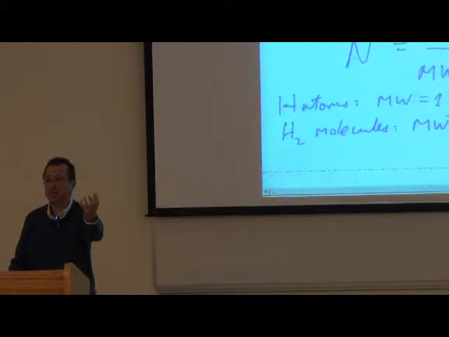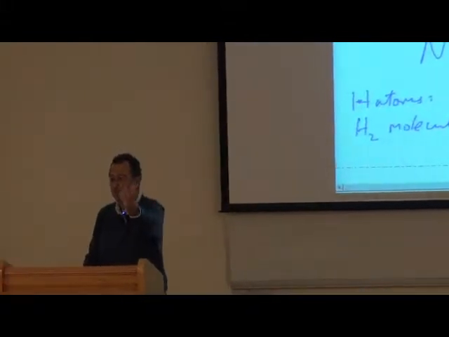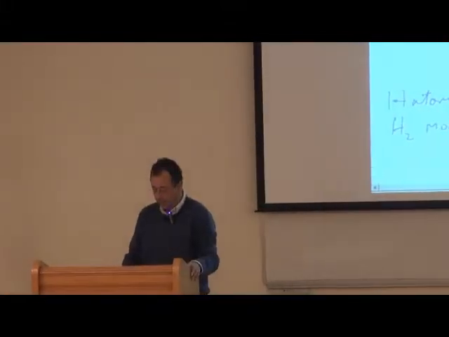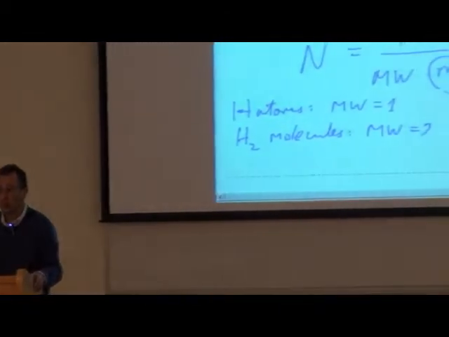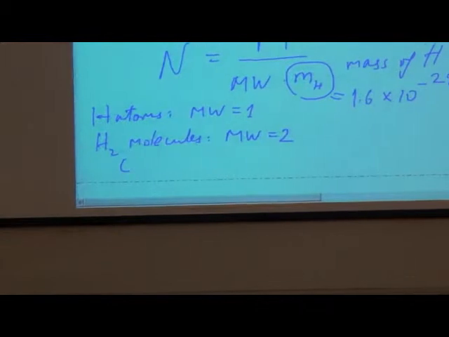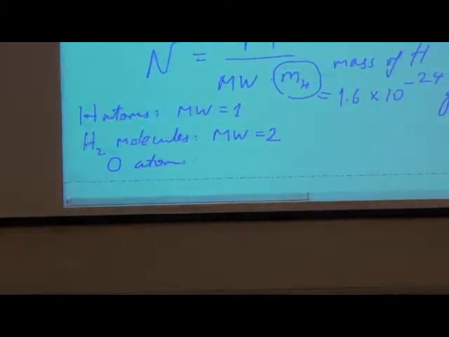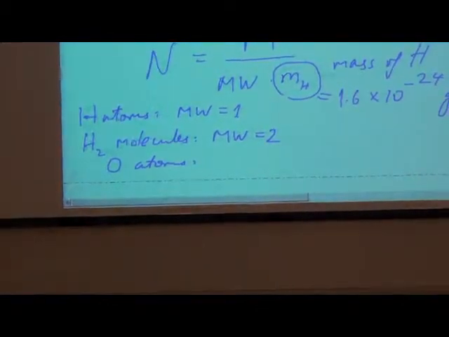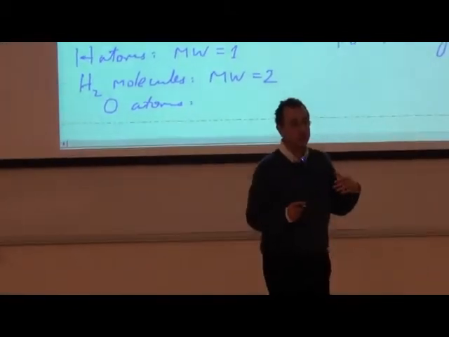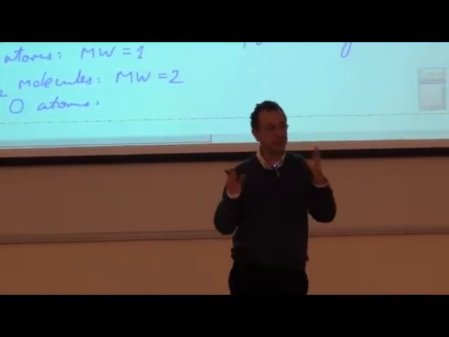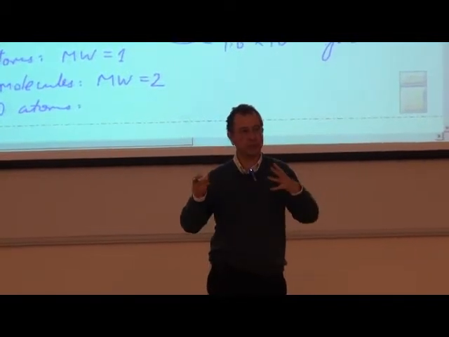It's just how many units of hydrogen atom mass it has, so it's 2. Oxygen atoms, one oxygen atom contains 8 protons and 8 neutrons. So its weight is 16 times the mass of the proton, so 16 times the mass of the hydrogen atom.